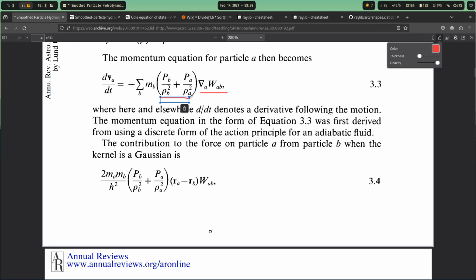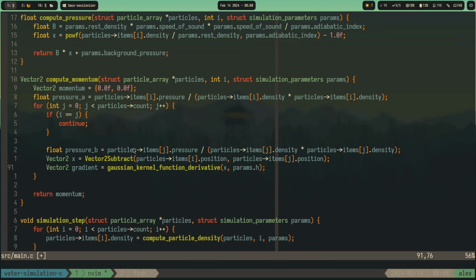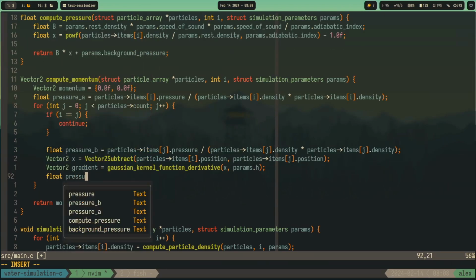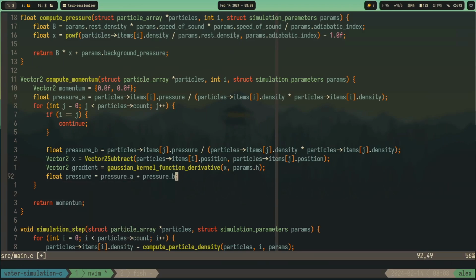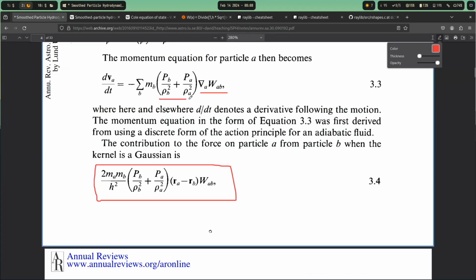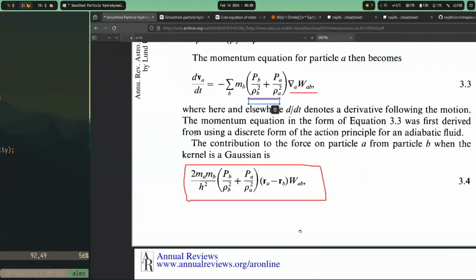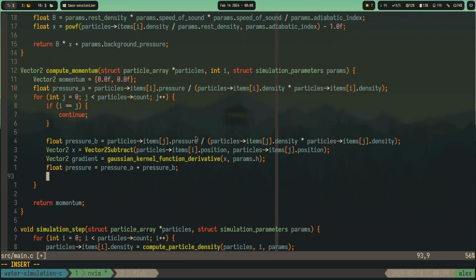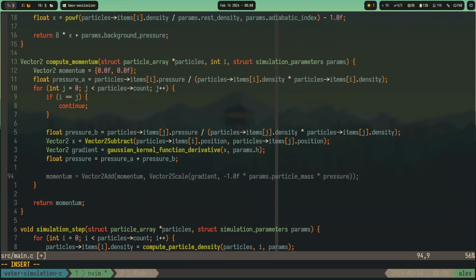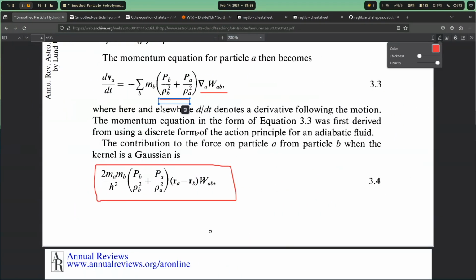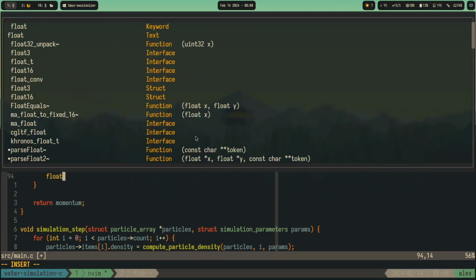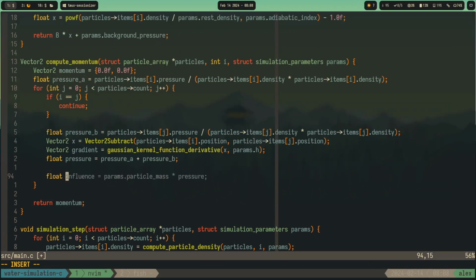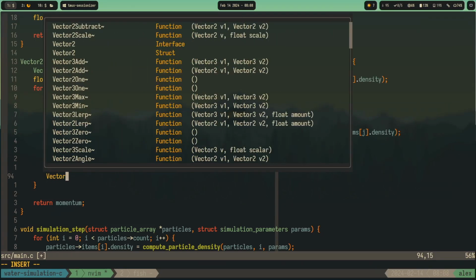We need to compute this sum, so let's call it float pressure, whatever pressure. We also got this, and now we have to say something like, float, no, it's a vector to m.